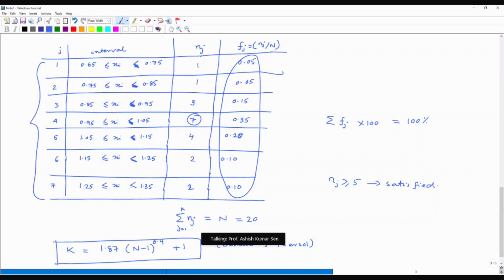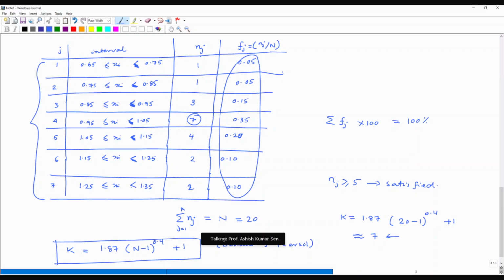So in this particular case, we can find out k. So k is basically 1.87 into (20 minus 1) to the power 0.4 plus 1. And if you do the calculation, this will approximately come out to be 7. And that is the reason why we have picked only 7 intervals, not more or less.